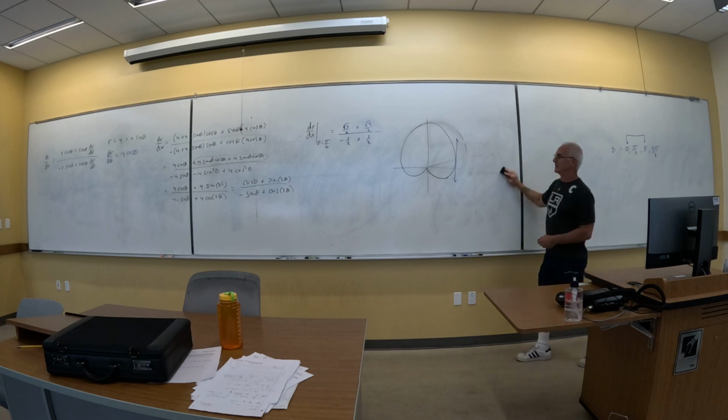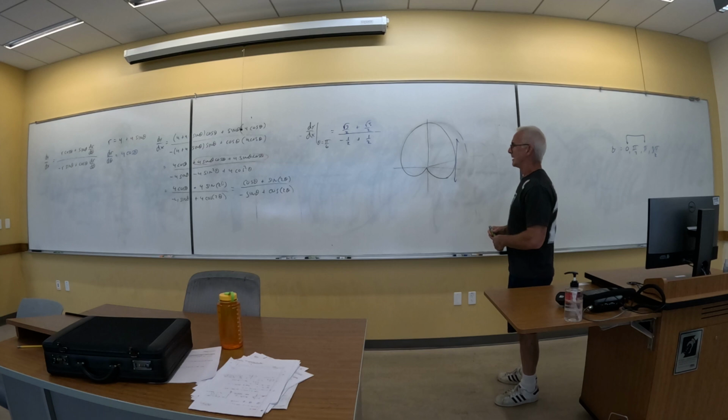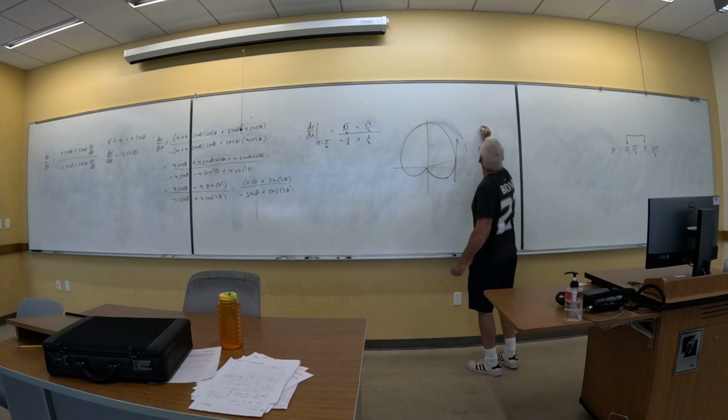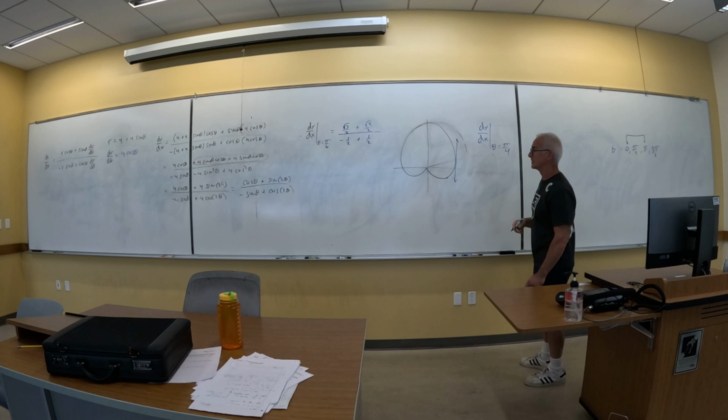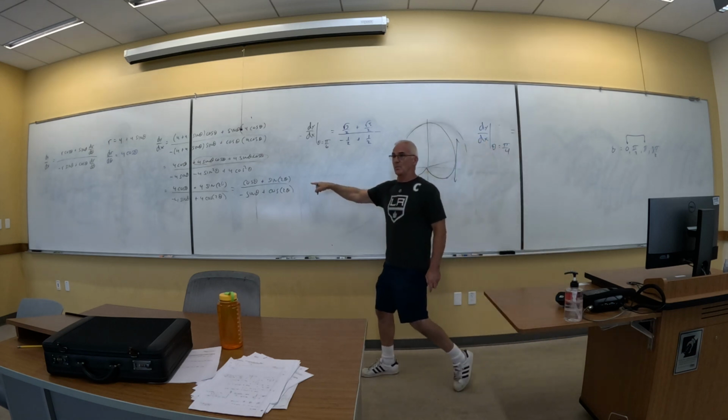Let's try a safer one. How about pi over 4? Let's find dy dx at theta equals pi over 4. I think that one would be safe. Yeah. So cosine, I'm looking at this function, this formula right here.